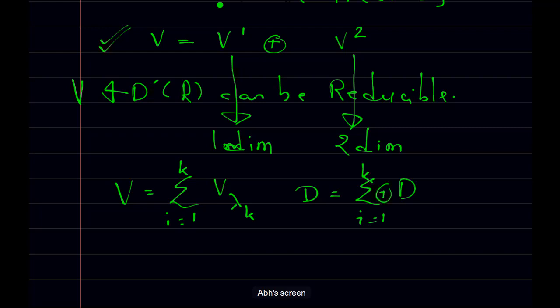So let me put a direct sum symbol here, and here, and here, and lambda i. Did you understand this mathematics?